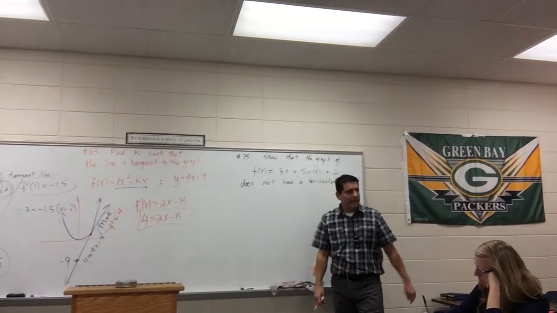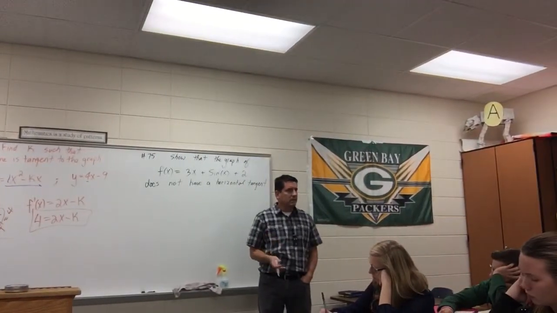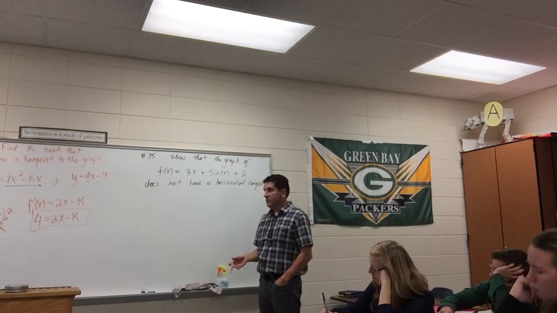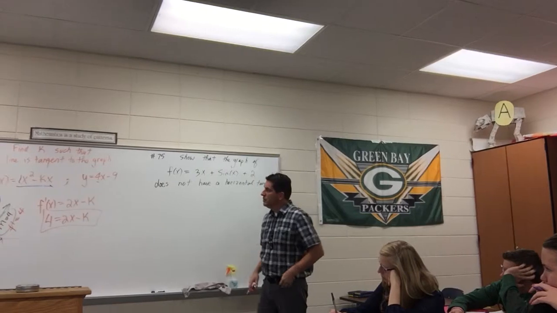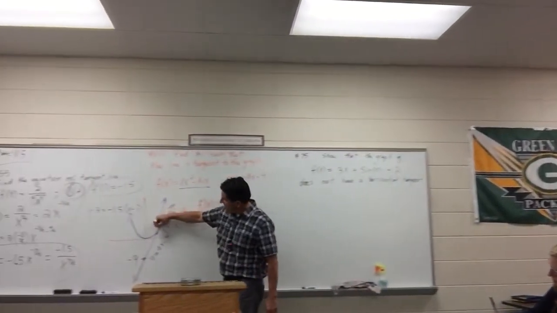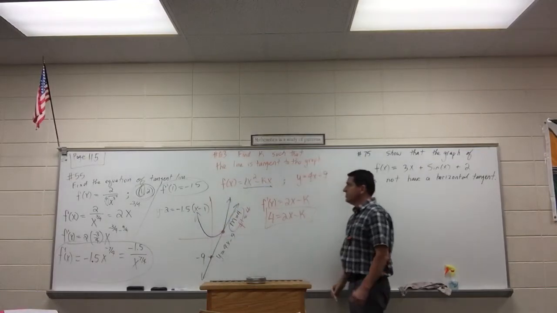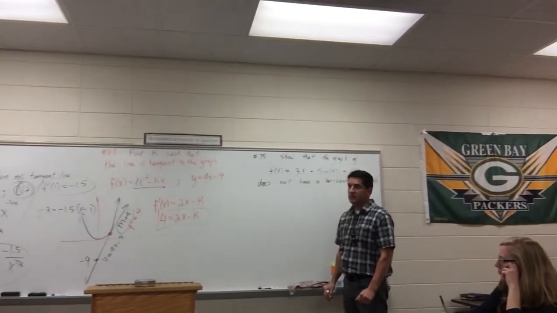But that's a problem. I got a single equation, and I got two variables, k and x. So the other piece is the fact that at this point they have to share the same x's and y's.